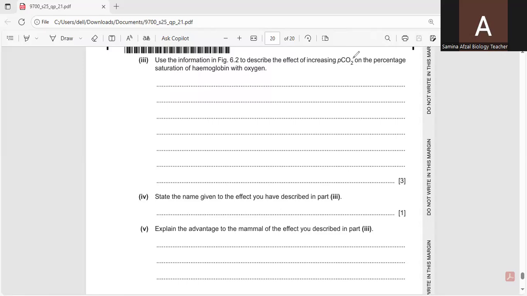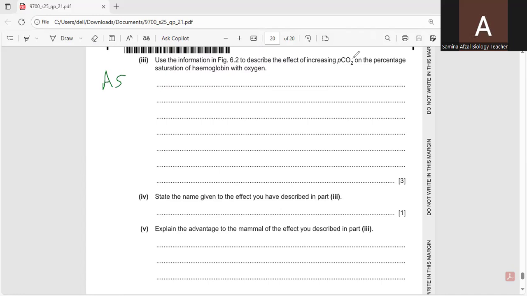I would try to write this answer using figure 6.2, the effect of increasing carbon dioxide. I have already discussed the answer in the previous question, but I would like to write it right now.